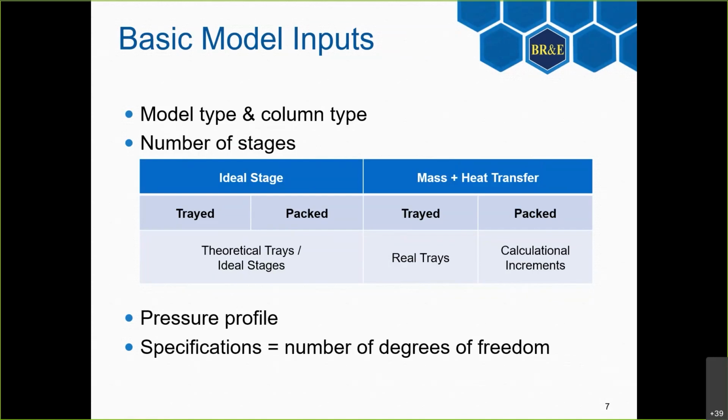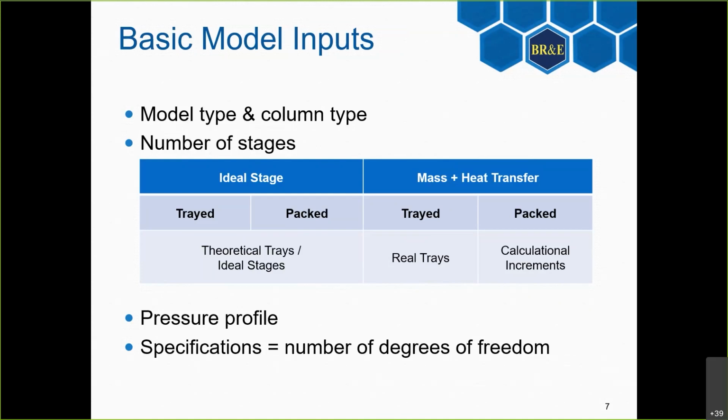So if we are talking about straight column, that would be overall efficiency. If we are talking about packed columns, that would be height equivalent to a theoretical plate. And you can basically take these coefficients into account and translate it into what depth of packing you need or how many trays it represents.